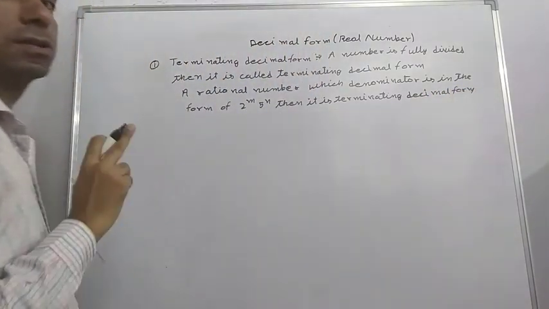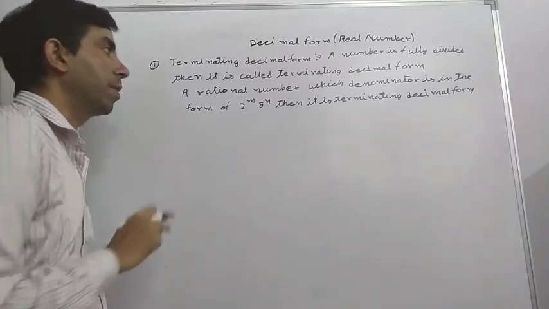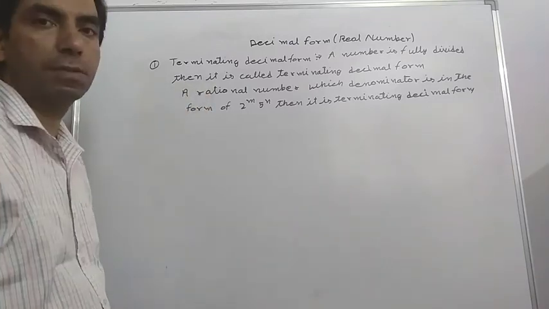Any rational number whose denominator is in the form of 2 to the power m, 5 to the power n, is called terminating decimal form.